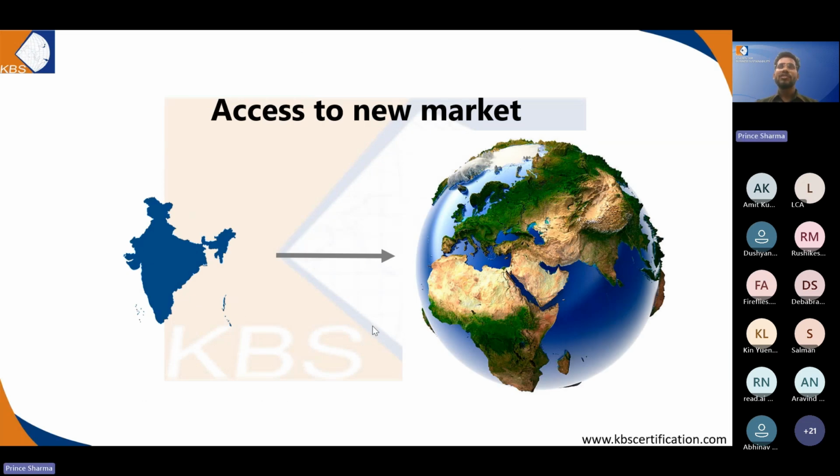Currently you might be existing only in India, but you might aspire to go beyond that. And how will you be doing that? Will you just be selling your product to other markets?